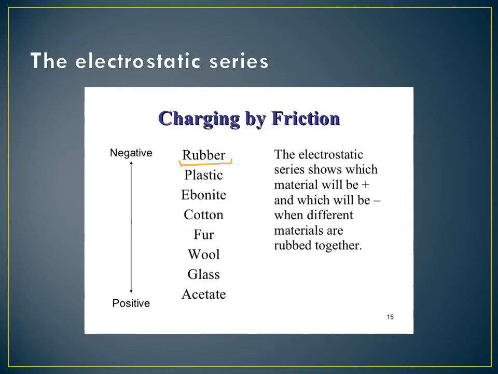And down on this other end, things like glass don't hold strongly to their electrons and are willing to give them up. So these things end up becoming positive when they're rubbed on stuff, and the ones at the top end up becoming negative. It all depends on the material and how strongly it is attracted to electrons, when determining who becomes positive and who becomes negative, and even how positive and how negative they become when you rub them together.